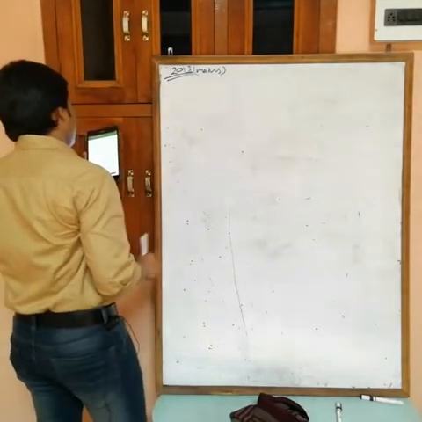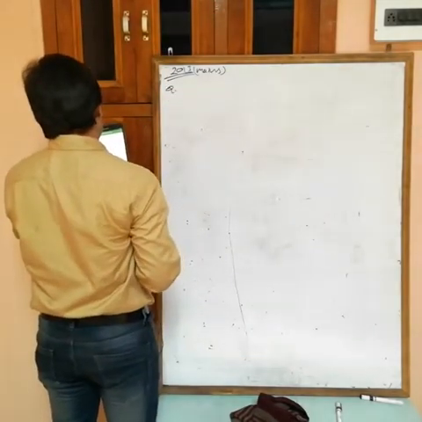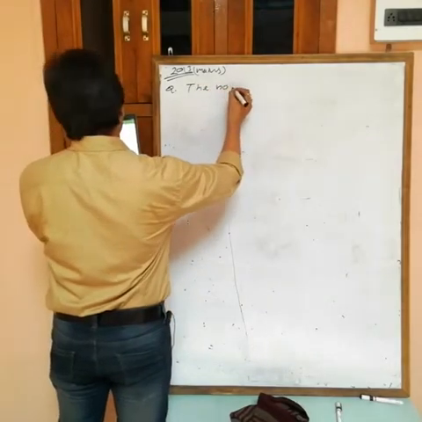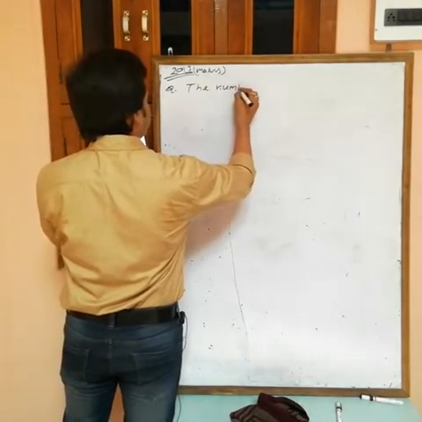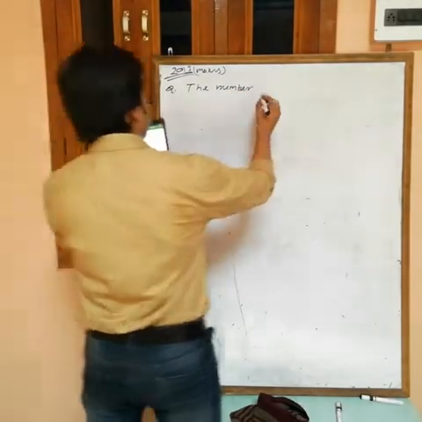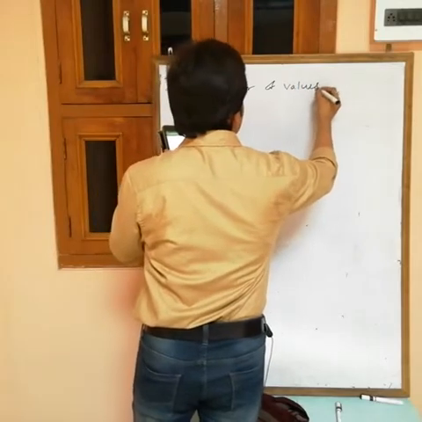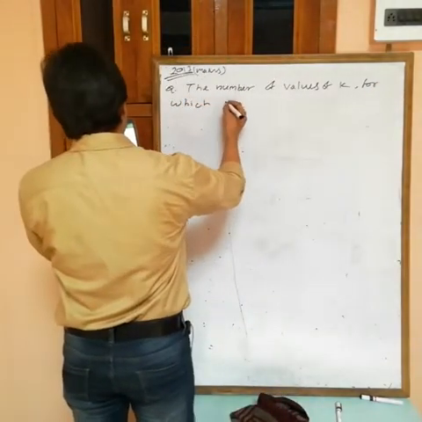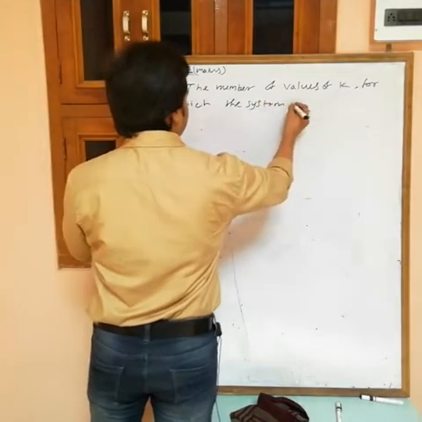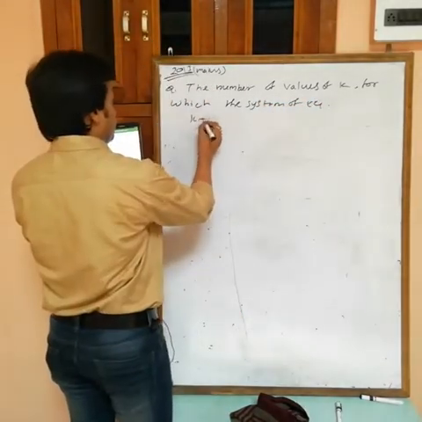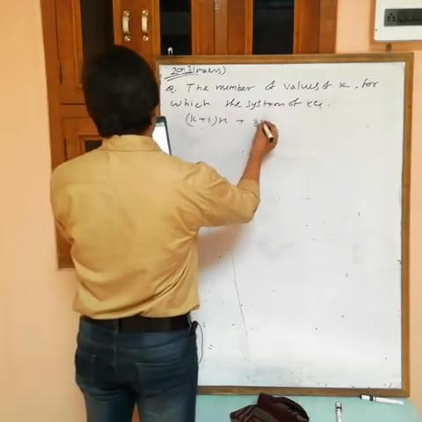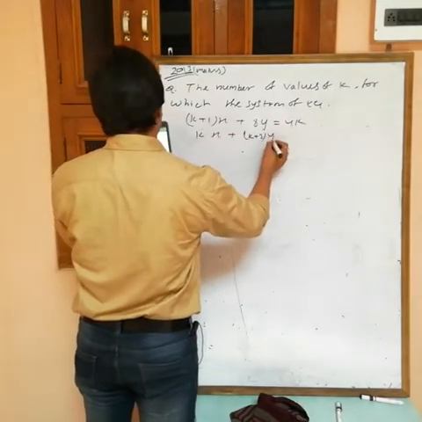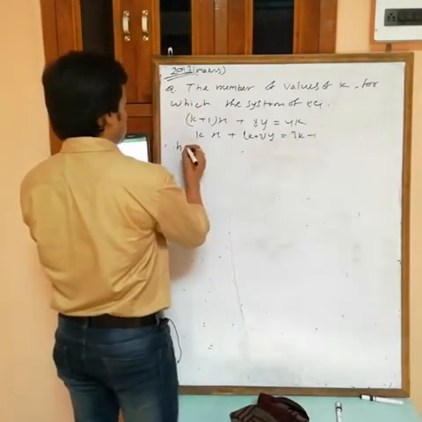Now see, again next one is from 2013 JEE Mains. The number of values of k for which the system of equations (k plus 1) into x plus 8y equals 4k, kx plus (k plus 3) into y equals 3k minus 1 has no solution.